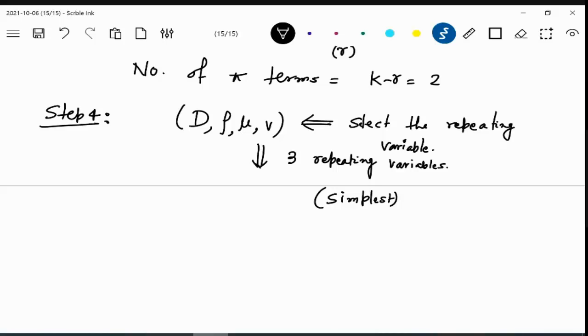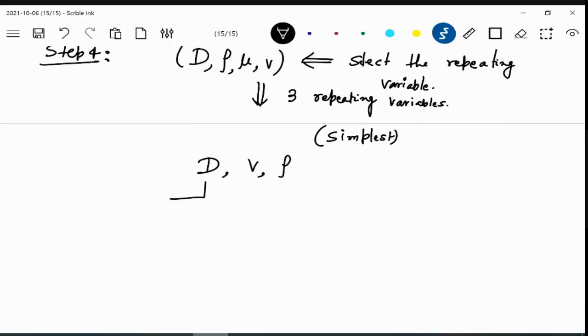Like if you choose 3 and you find later that the third one can be written in terms of the first 2, then this is not a valid combination of repeating variables. For example, let's say I choose D, V and rho as repeating variables. What are the dimensions? D is L, V is LT minus 1 and rho is F L minus 4 T minus 2.